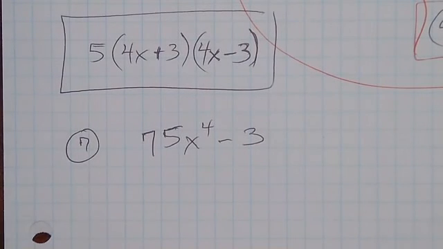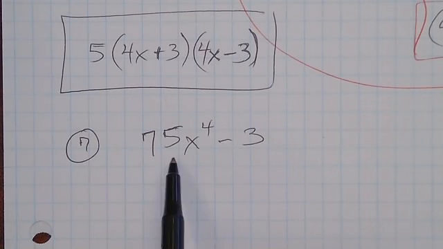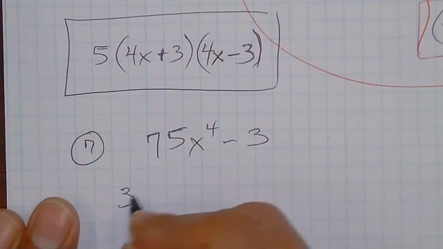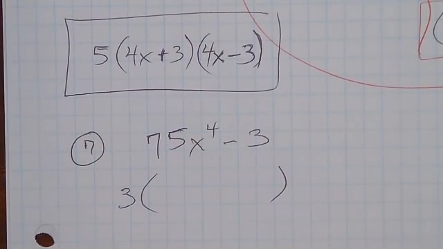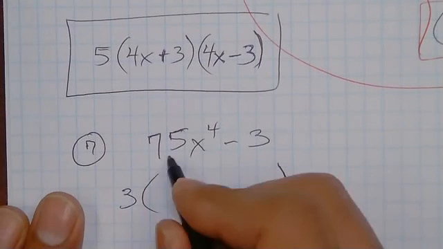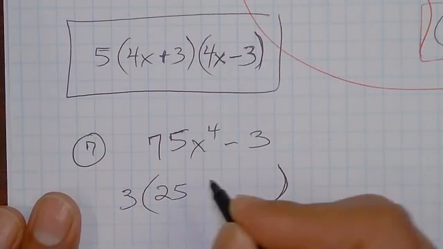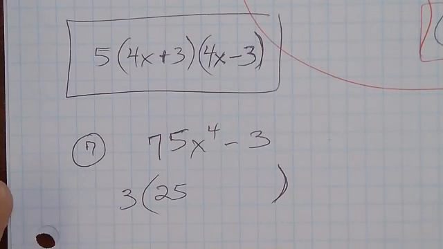All of these, I'm telling you, are going to first have just a GCF, a common factor. If it's not a variable, then it has to be a number. Obviously, this one doesn't have a variable in common because only this one has an x, this one doesn't. What's the common factor here? 3. Good. 3 of what gives you 75? 3/4, right?